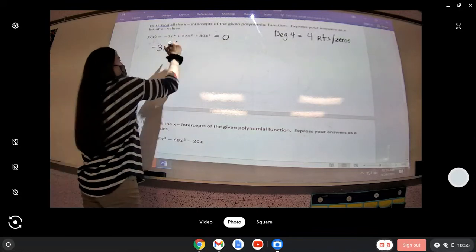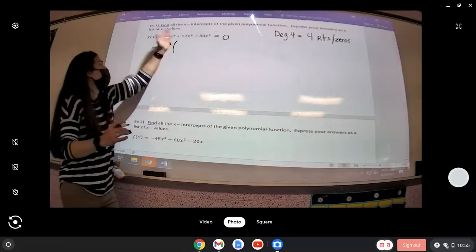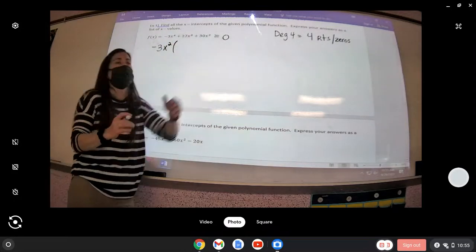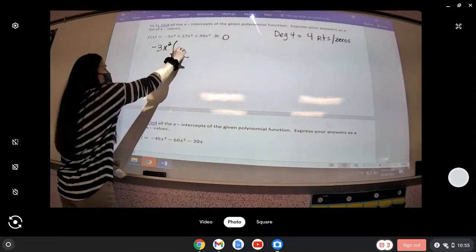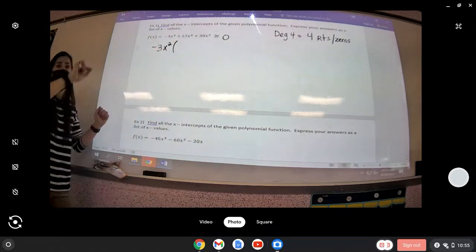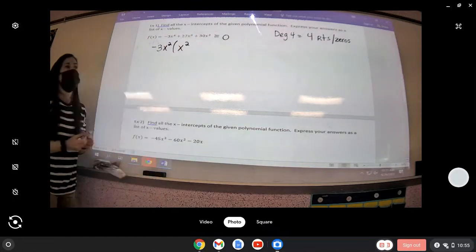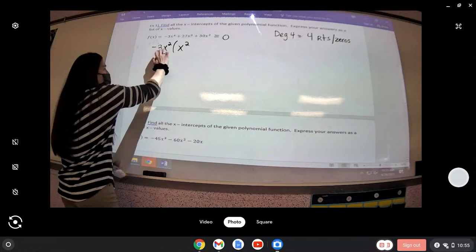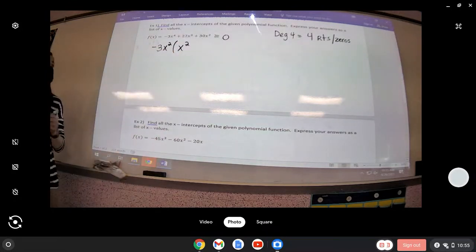All right, so guys, take it out. If negative 3x squared is their greatest common factor, let's take it out and show what polynomial is left. So if you remember, we used to do this. Negative 3x squared times what gets you back to a negative 3x to the 4th? A 1x squared. Negative 3x squared times what gets you back to a positive 27x to the 3rd?